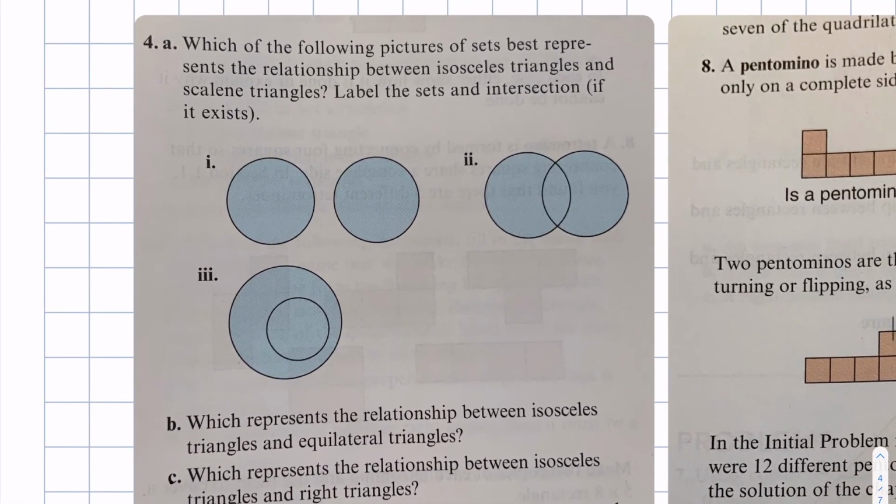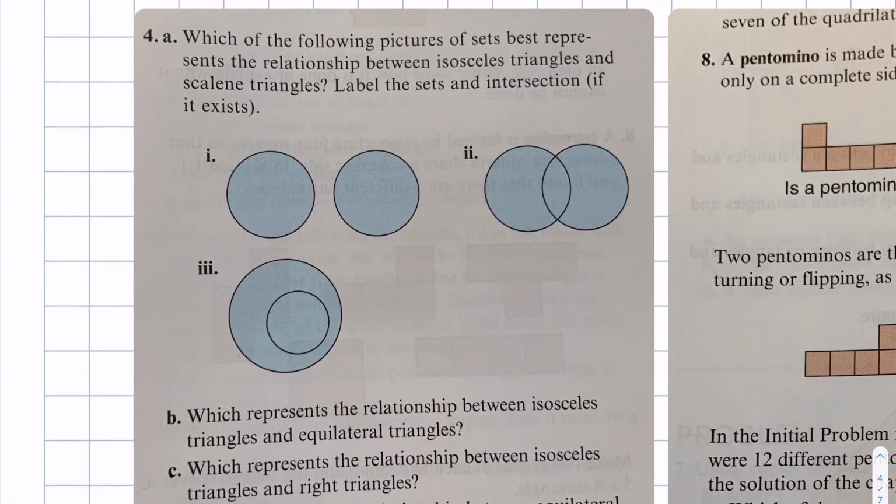That's part of what they're doing here for question number 4. So we have a set of these 3 types of Venn diagrams, and we want to know which of the following pictures.